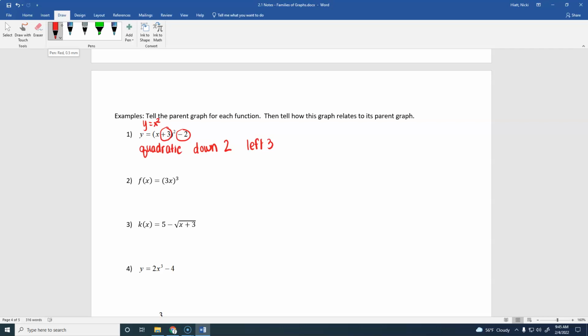3. All right. Jackson, what type of function have we got for number 2? Cubic. And so we have a number, this time it is multiplied on the inside of the parentheses. So let's start: vertical or horizontal? If we're on the inside of the parentheses, is that going to be vertical or horizontal? You're welcome to look back at your notes if you need to, Jackson.